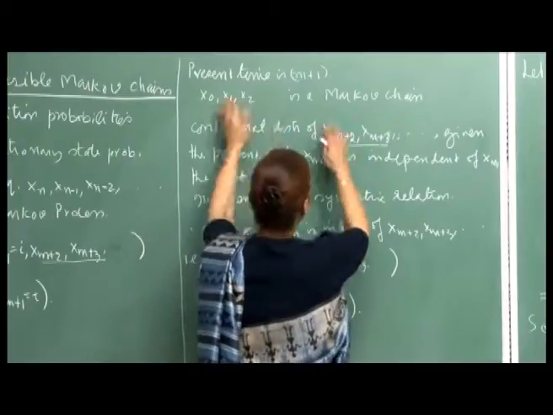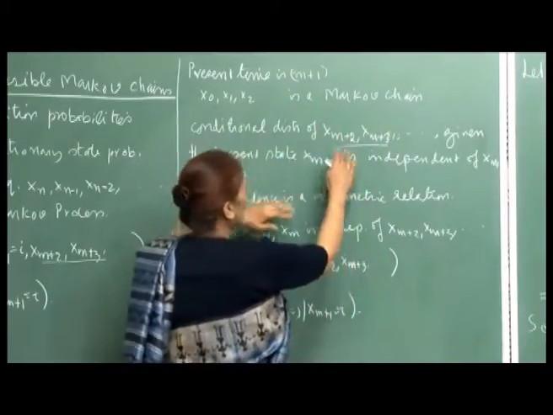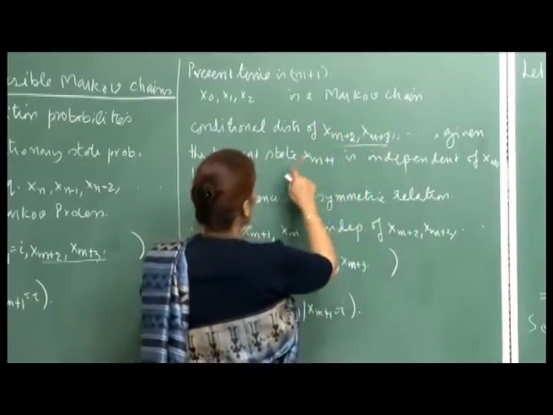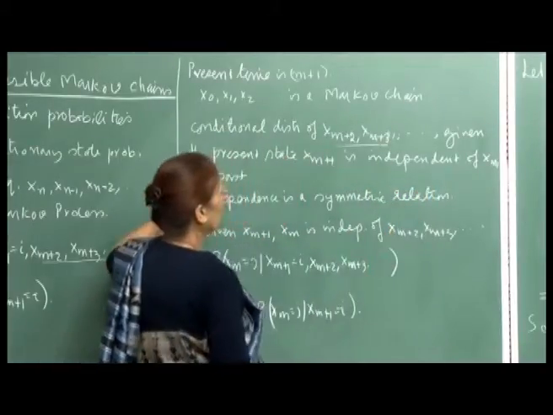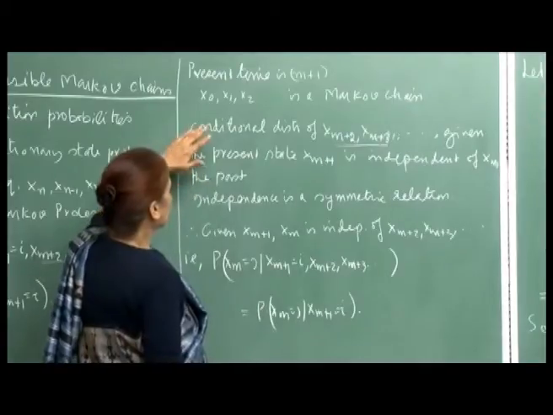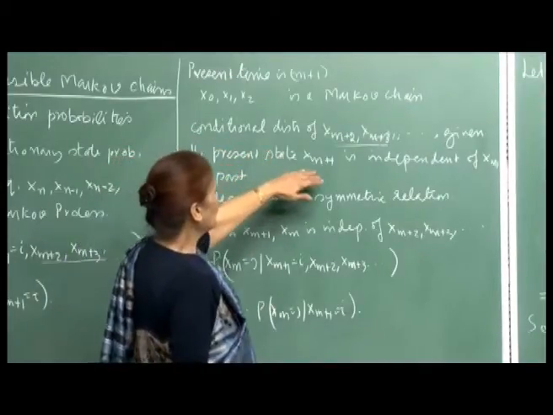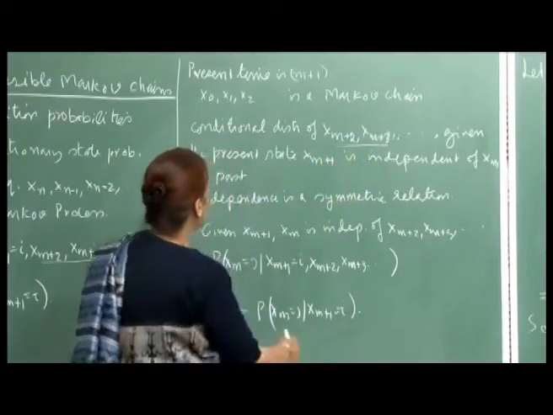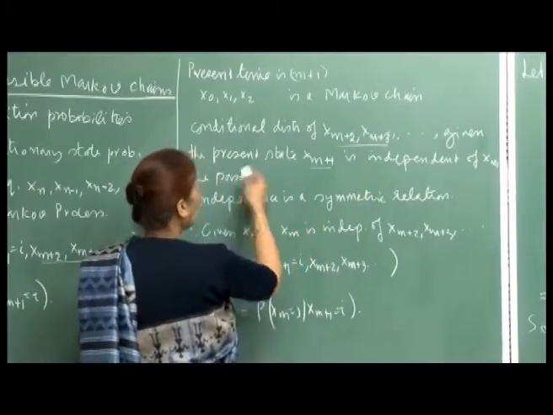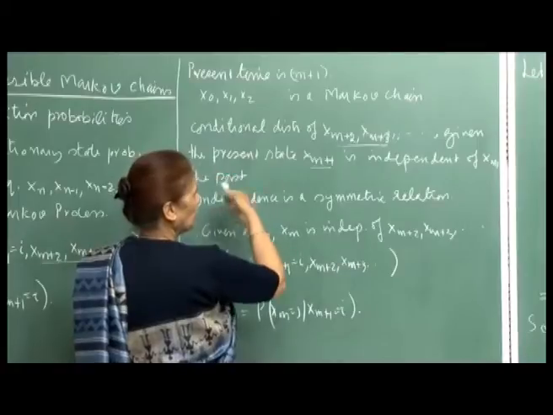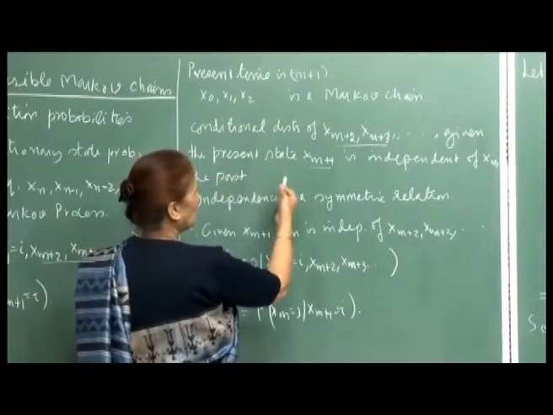Because this is a Markov process, the conditional distribution of x m plus 2, x m plus 3, and so on, given the present state x m plus 1, is independent of x m, the past, and all things beforehand, x m minus 1, x m minus 2.